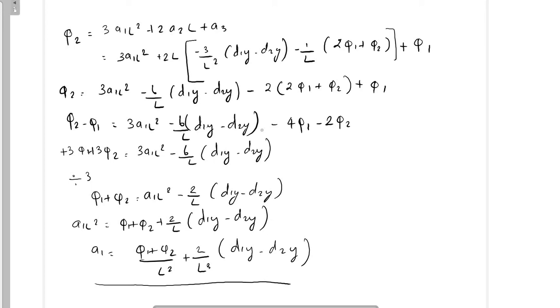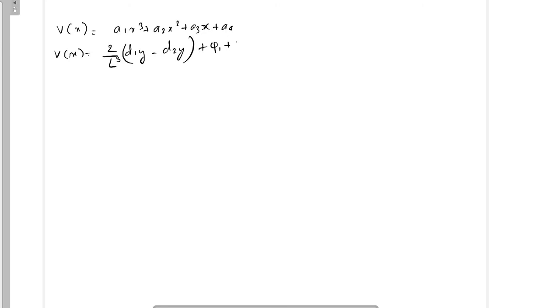So we are getting all the constant values, and we can substitute into the basic assumed function, that is a1 x cube plus a2 x square plus a3 x plus a4. So a1 value, v of x, is 2 by L cube d1y minus d2y plus pi 1 plus pi 2 by L square.